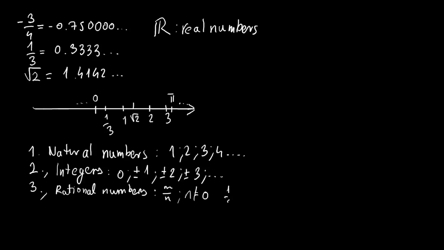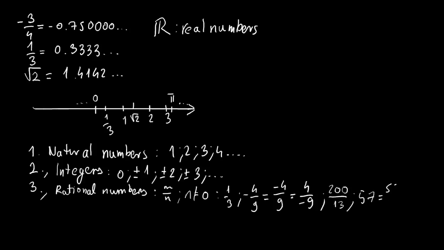For example, 1/3 is a rational number, or -4/9, which is the same as 4/-9, or simply just 200/13, or I don't know, 57, which is 57/1.